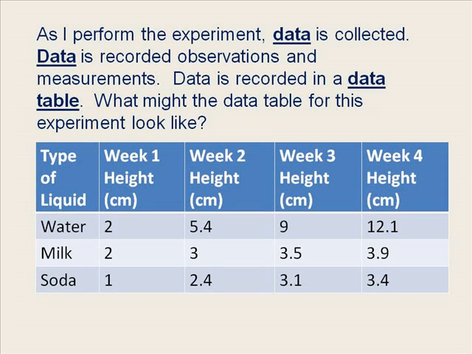In this data table, you will see that the left-hand column represents our independent variable, the type of liquid. And underneath, where you see type of liquid, you will see the 3 liquids listed. Across the top of the chart, you will see the height for our week 1, week 2, week 3, and week 4.